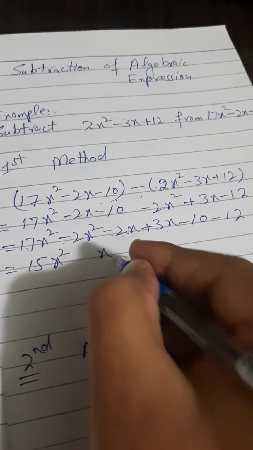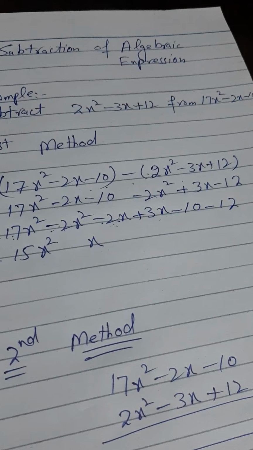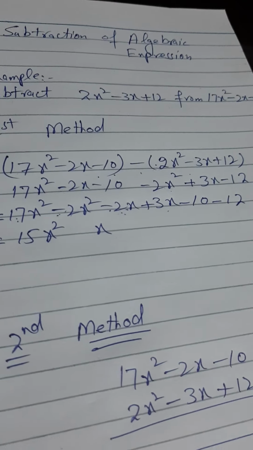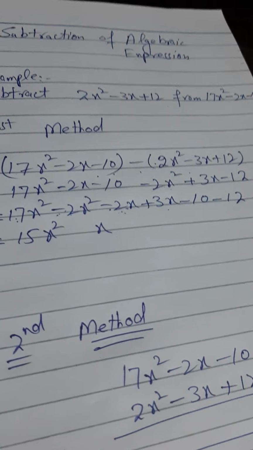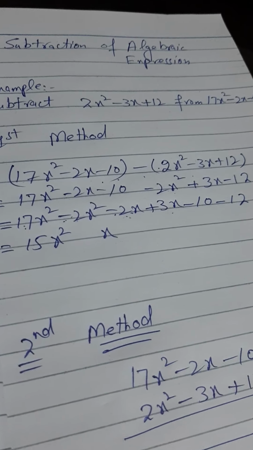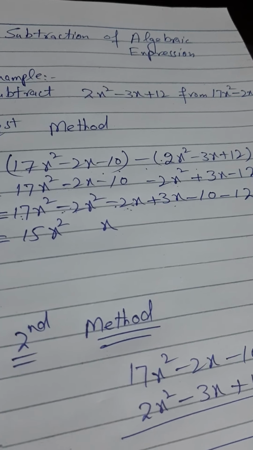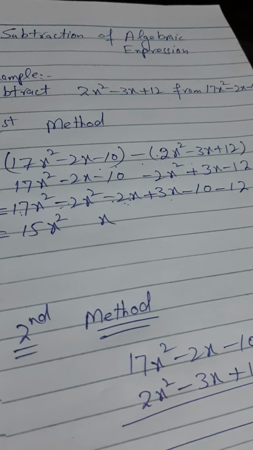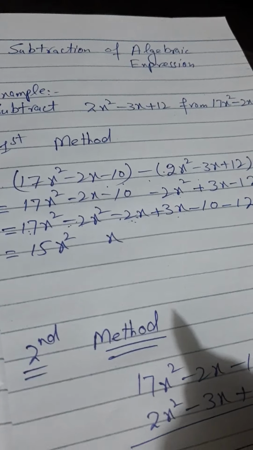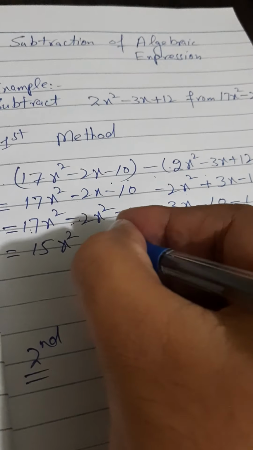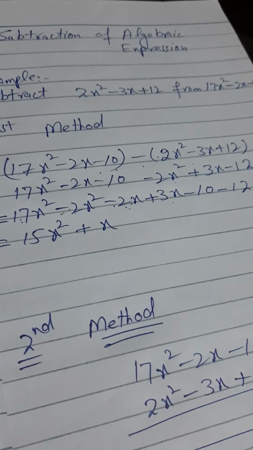Again we write x as it is, and negative 2, positive 3, so there are different signs, so we have to subtract 3 and 2. When we subtract 3 and 2 we get 1, and there is no need to write 1 if 1 is the coefficient. So which sign do we have to use? The greater number is 3, so we use the sign of positive, the sign of 3.